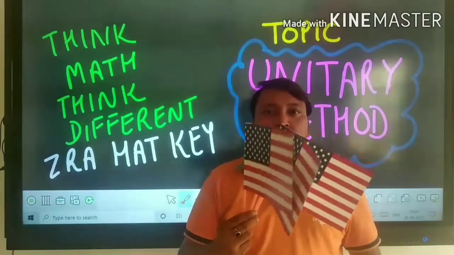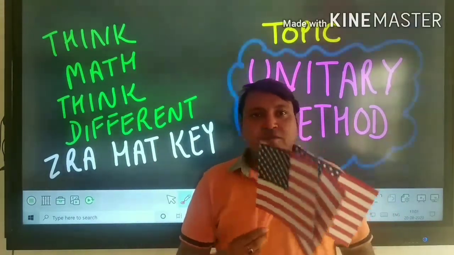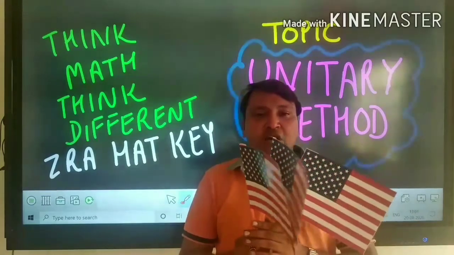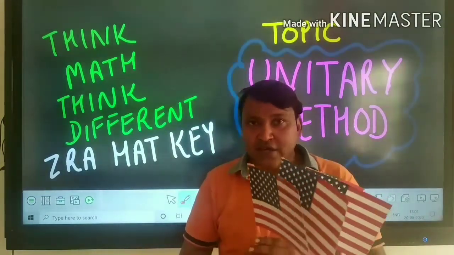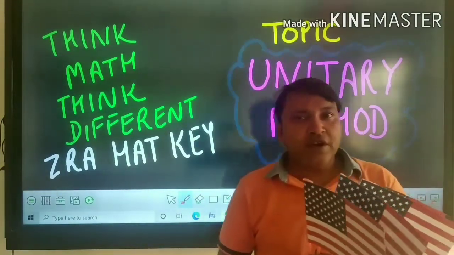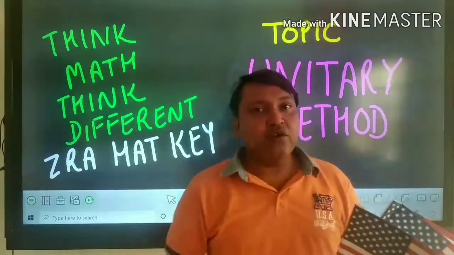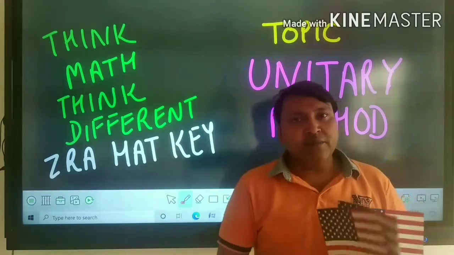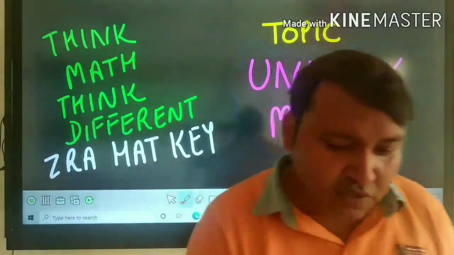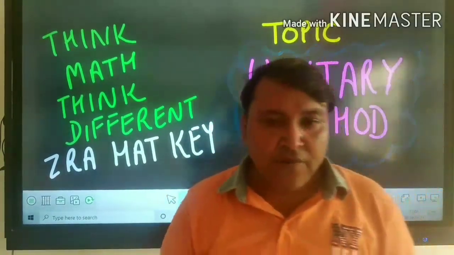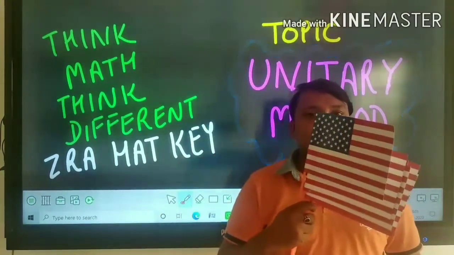Okay student, now this is a given part. If it is given that the cost of these 4 flags is 80 rupees, then what will be the cost of the same type of 7 flags?